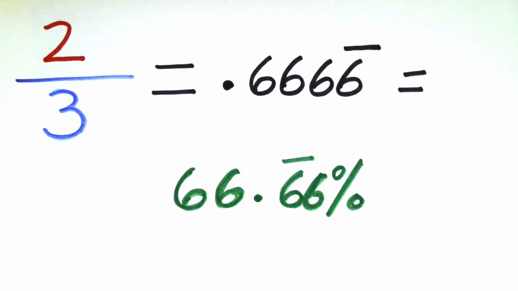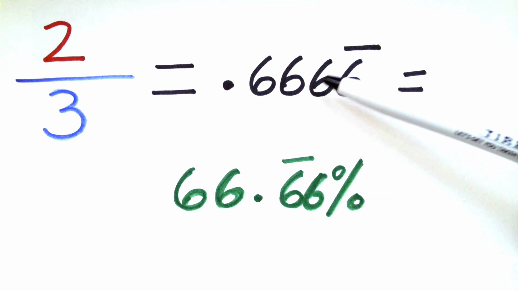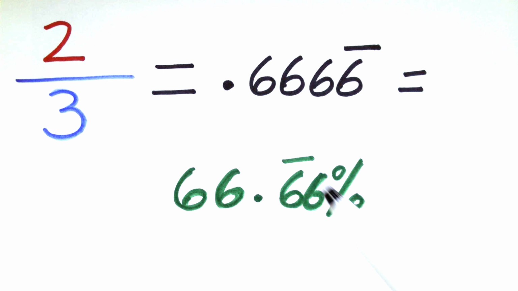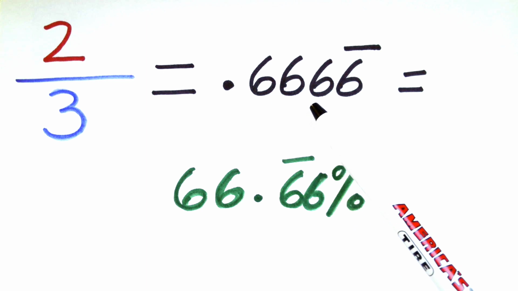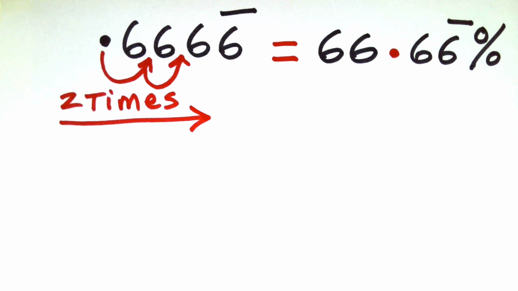Okay, so you can see we have the 3 equivalencies. 2/3 is equal to 0.6666, which repeats. If you move that decimal 2 places to the right, add your percent symbol, you have your percentage value. But I want to show you how to change this decimal into a percent. Okay, so I want to make sure this is crystal clear.